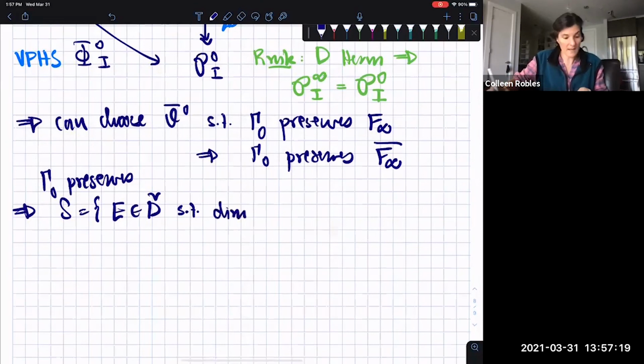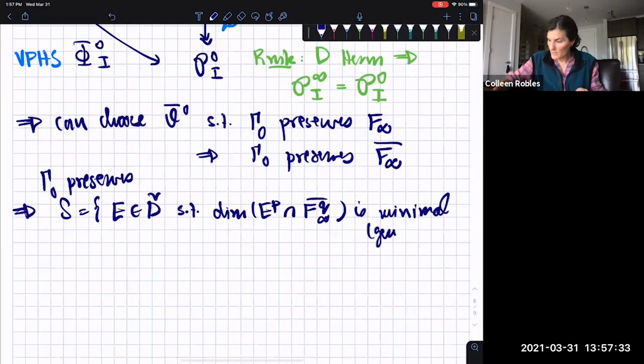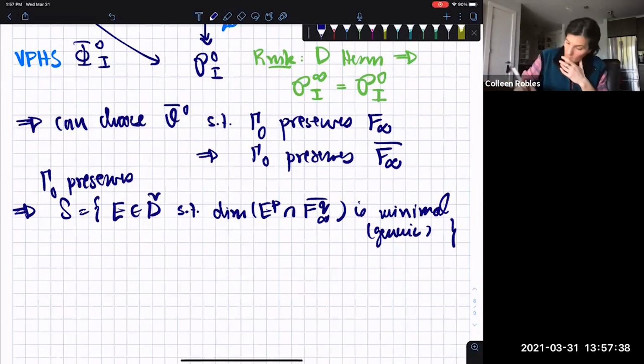And I'll just write that as dimension E P is minimal. And this is a generic condition.